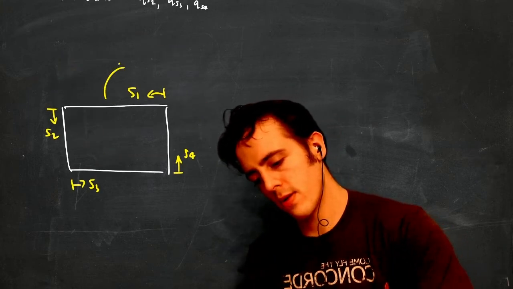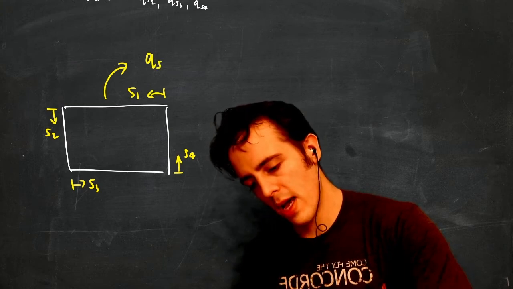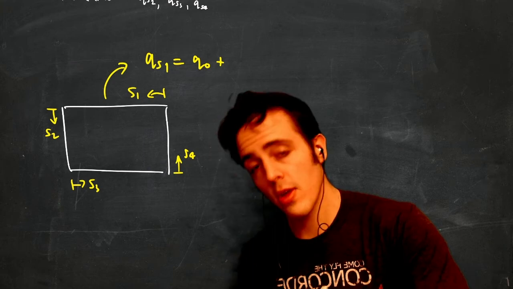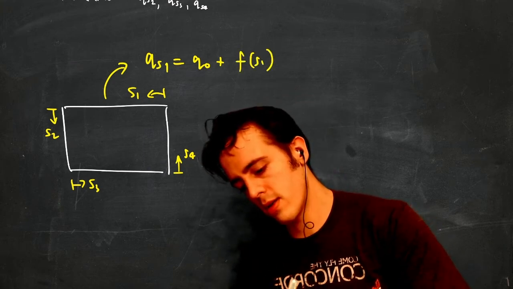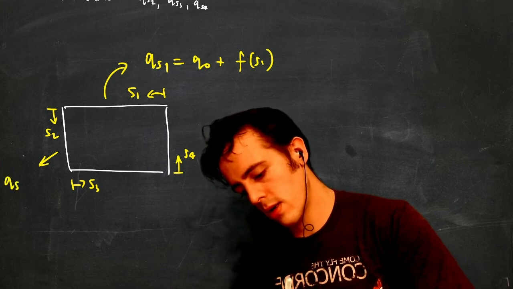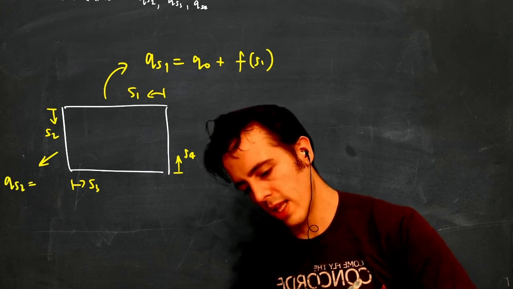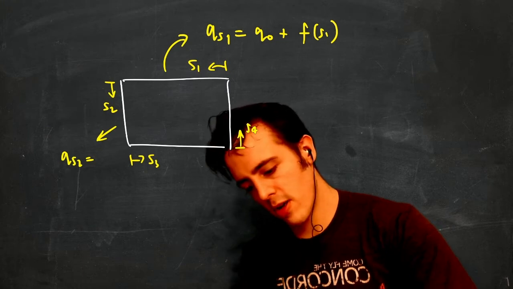We'd have Qs1 is equal to Q0 plus some function of S1. Qs2 would then be equal to, let's move this a little bit further over.